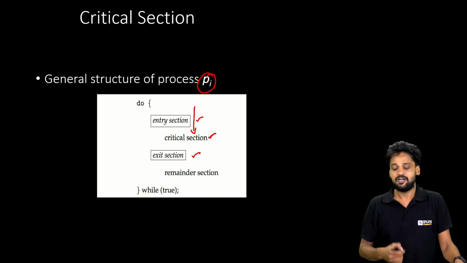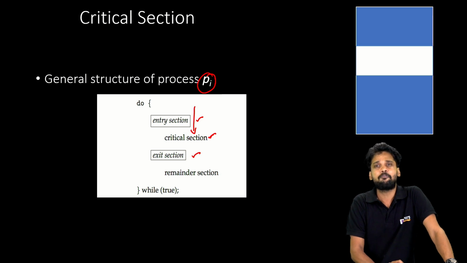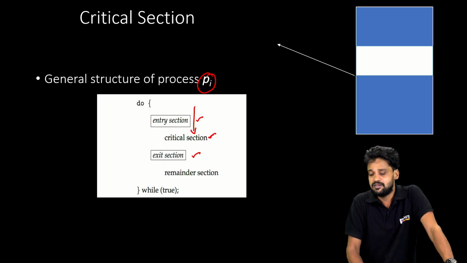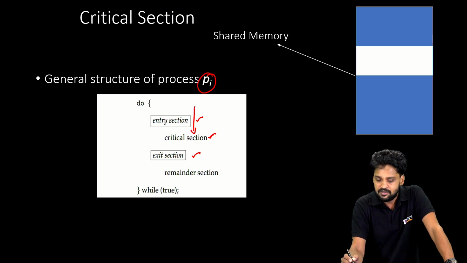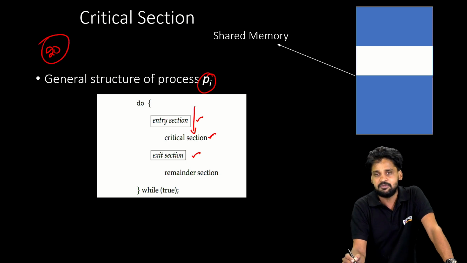Okay, so now let us understand a beautiful premise which is called a hardware lock. Now this is a shared memory. On your right hand side, we have a memory in which the white portion is the shared memory. When all these 20 processes are executing, this shared memory will get accessed.